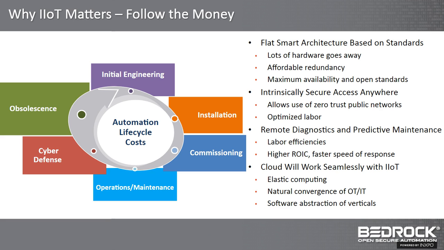So with Internet of Things devices, the architecture, the fundamentals we're talking about today, you get a smart, flat architecture that's based on standards across the board. Lots of hardware goes away, and redundancy, when it's designed right, becomes affordable. Most people put redundancy in DCS applications, but not in PLC applications.